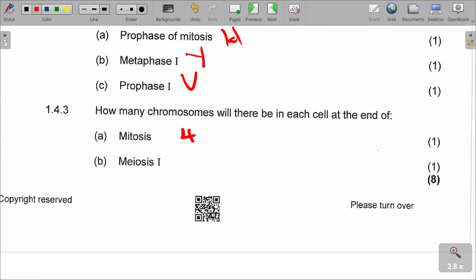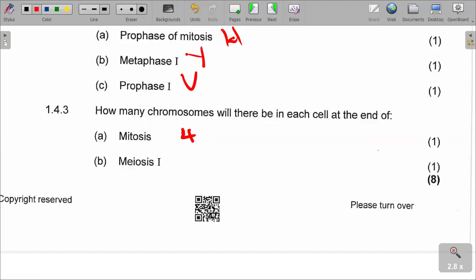And then meiosis 1. I'm sure you remember that meiosis has to have half the number. If we have 4, meiosis separates homologous pairs, reducing the chromosome number by half, which means the haploid number.